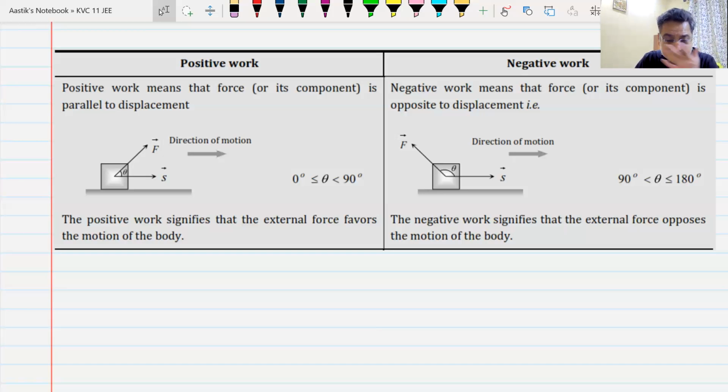Have you noted this down? Shall we move ahead?